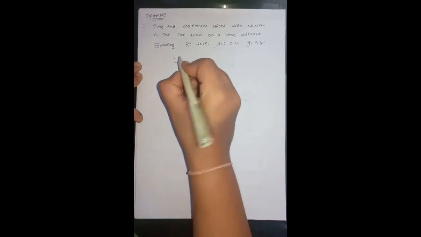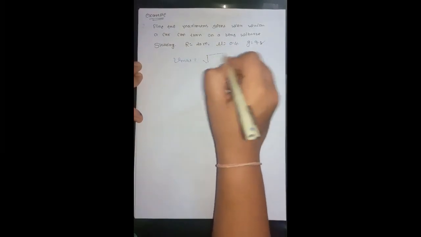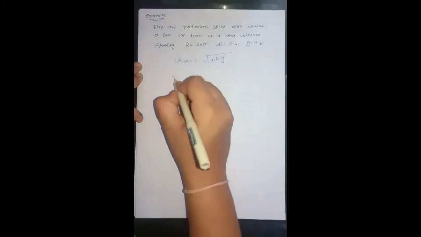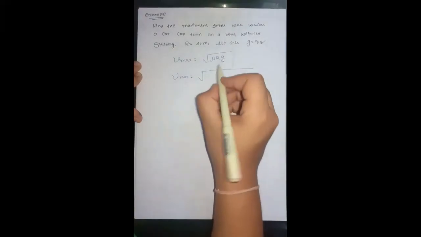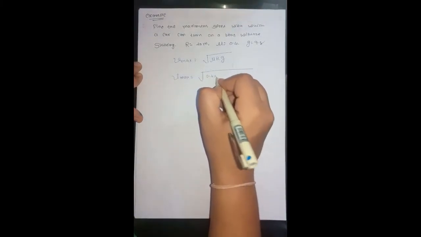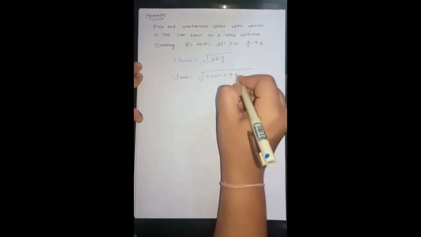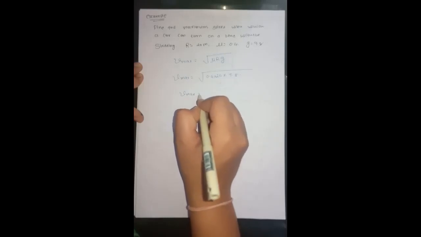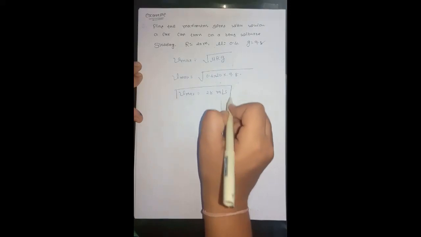We have just derived the formula for maximum speed, that is v max is equals to under root mu r g. So v max will be equal to under root mu is given 0.4, r is 20 meters and g is 9.8. Simplify this, we will get v max is equals to 28 meter per second.